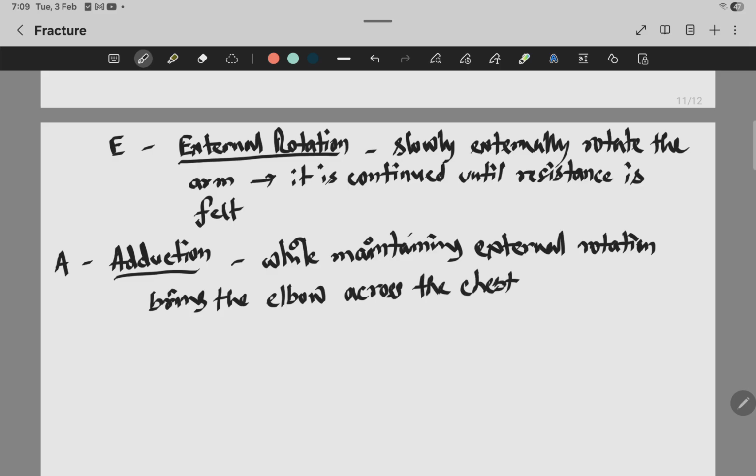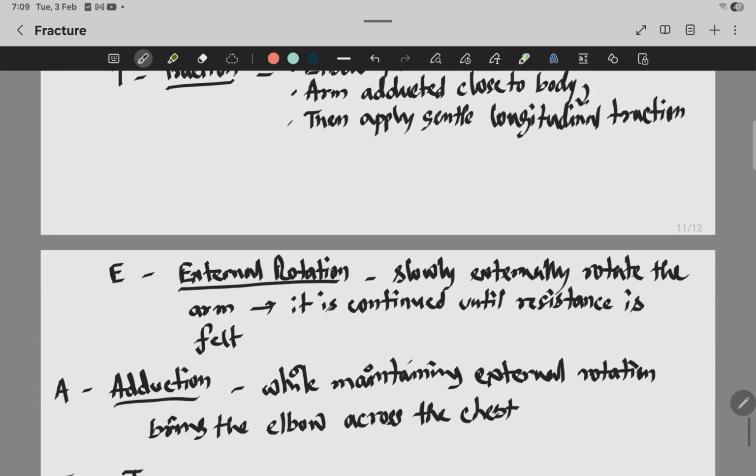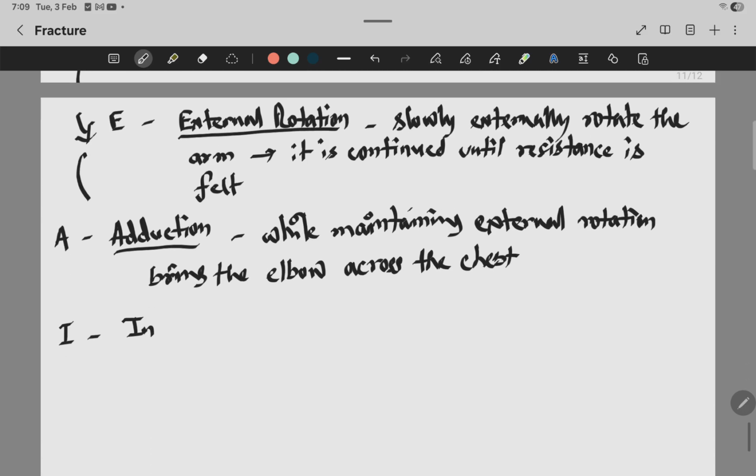And step 4 is I for internal rotation. This will occur sequentially. First traction, then after traction we apply the external rotation. After external rotation, we apply the adduction. After adduction, we apply the internal rotation.